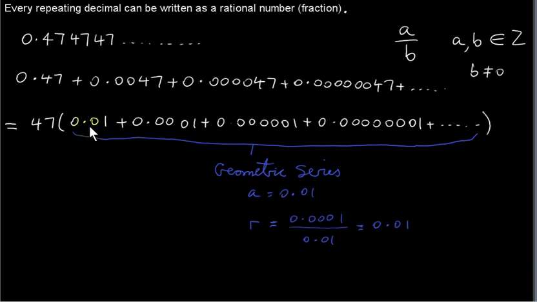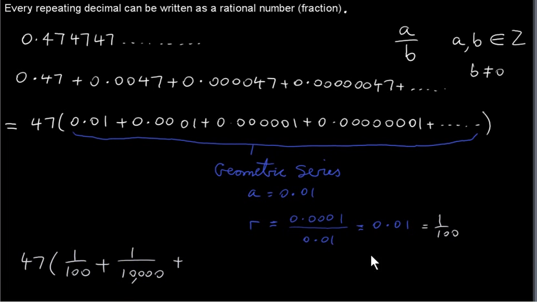So if you want to write this in fraction form, we have 47 times 1 over 100 plus, well, r is 0.01, which is 1 over 100. So we have 1 over 100 times 1 over 100. That's a 1 with 4 zeros in the denominator, or 1 over 10,000.